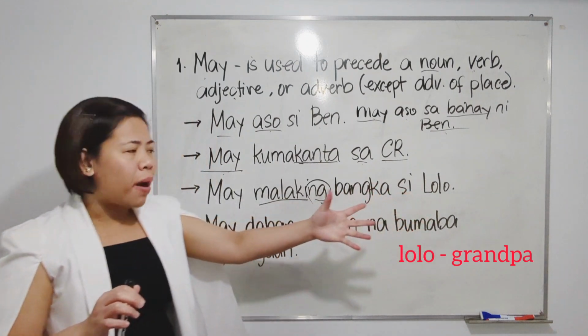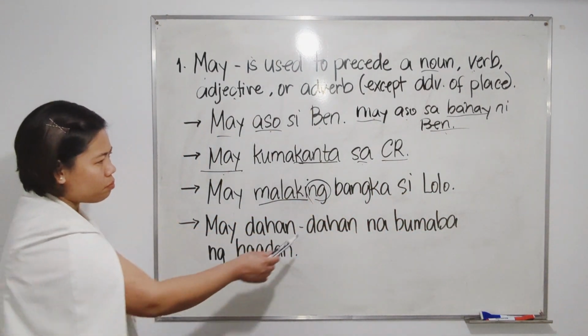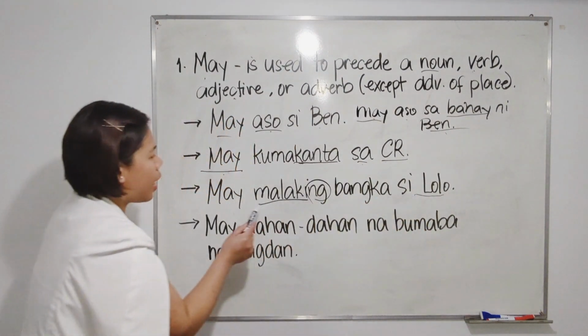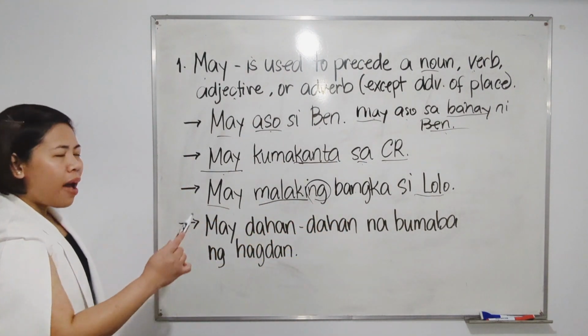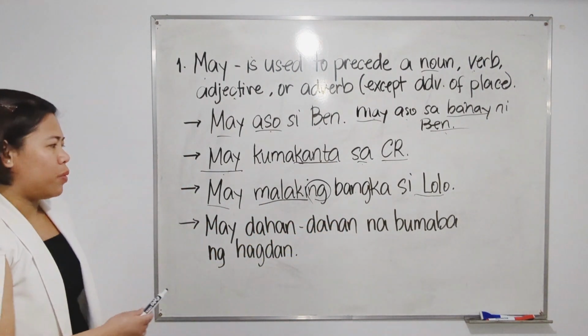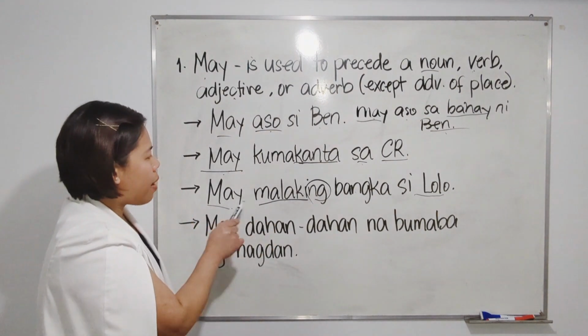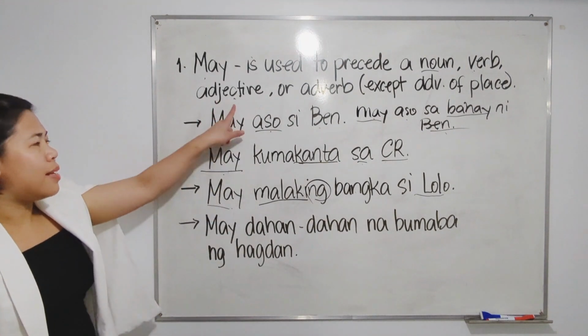Lolo is grandpa. So when we are going to translate it, you would say lolo or grandpa has a big boat. Grandpa has a big boat. So may here means has. And we use may because the next word to it is an adjective.